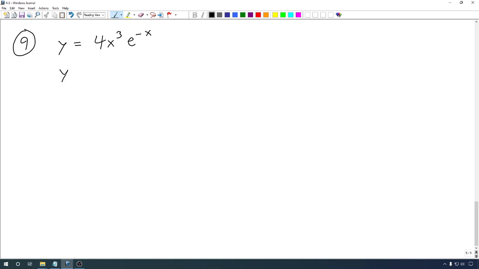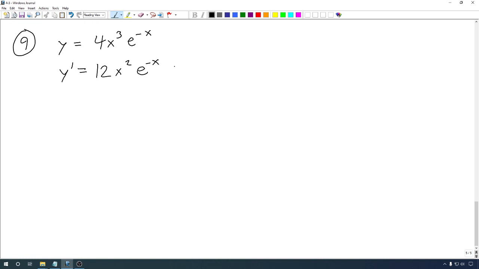So when we differentiate this thing, we need to use the product rule. That means we take our first piece, 4x cubed, and we differentiate it. Of course, that means we bring down the 3 to make the 12, and then we reduce the 3 to a 2, and we leave the e to the minus x alone for the moment.